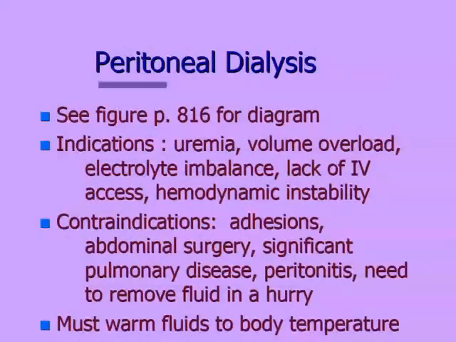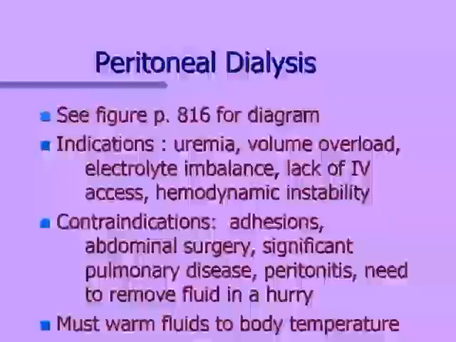Peritoneal dialysis, there's a figure that shows it on page 816, and the Nursing Interventions Classification, or NIC, are listed on page 817. Indications for use are uremia, volume overload, electrolyte imbalance, lack of IV access, hemodynamic instability.